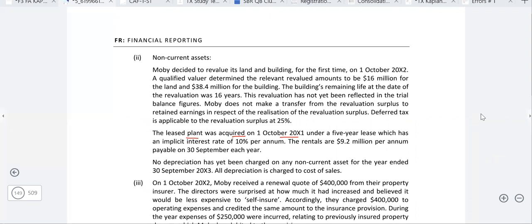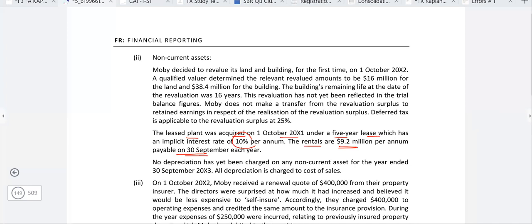So the lease plant was acquired 2 years before the reporting date, under a 5-year lease, which has an implicit rate of 10%. The rentals are 9.2 million per annum payable on 30th September each year. Now, 1st October is the date where we enter the agreement, and when we make payment on 30th September, that represents the payment in arrears. So usually we have the payment in arrears scenario.